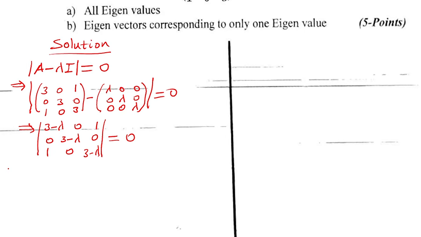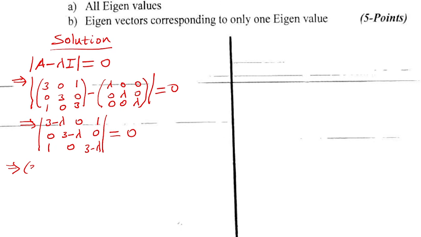So this implies a11, 3 minus lambda, times the determinant omitting first row and first column, 3 minus lambda, 0, 0, 3 minus lambda, plus the entry 0, so that term is 0, plus first row third column, where the entry is 1, times the determinant omitting first row and third column, 0, 3 minus lambda, 1, 0, is equal to 0.